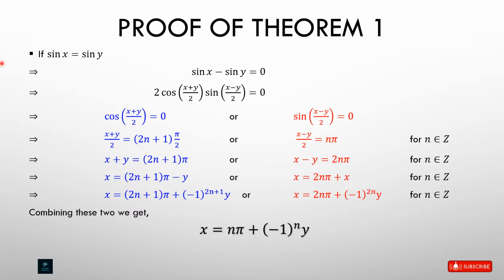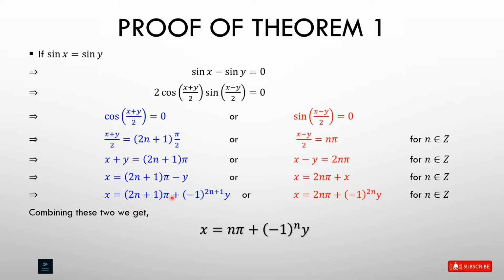Therefore, for sine x to be equal to sine y, either x has to be (2n plus 1) pi plus minus 1 to the power (2n plus 1) y, or x has to be 2n pi plus minus 1 to the power 2n y. We can see that in this equation minus 1 is raised to the power an odd integer, and in this equation minus 1 is raised to the power an even integer.